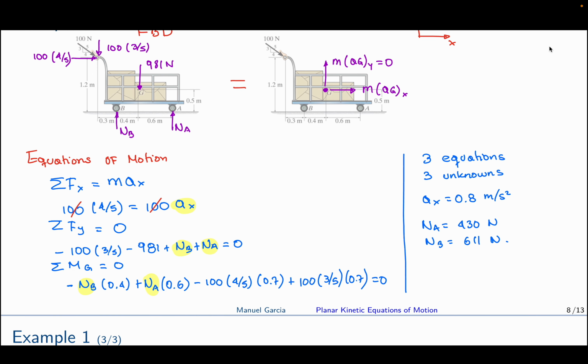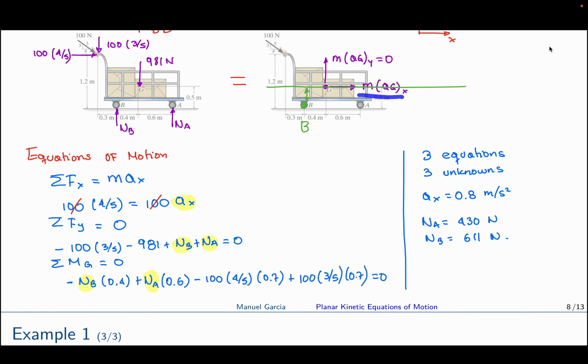So if we are taking moments with respect to B, we have the moment of this force, and the distance is this distance. Well, this inertial component.